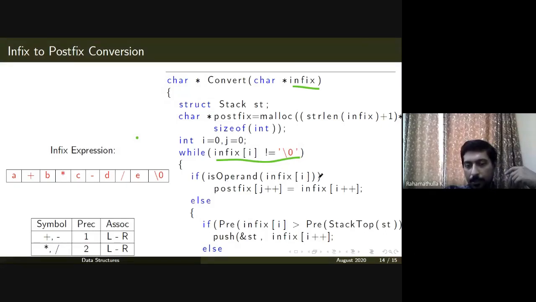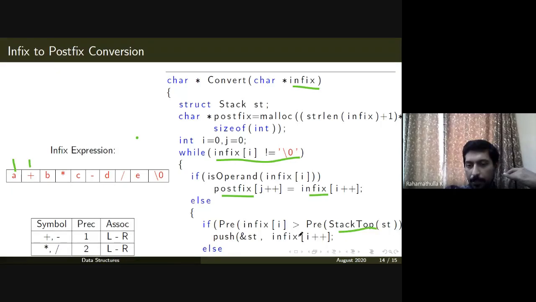If the incoming character is an operand, for example A, you directly pass it to the postfix expression. Else, if the incoming character is not an operand, meaning it is an operator, then you need to check the precedence of the incoming operator with the precedence of the stack top.